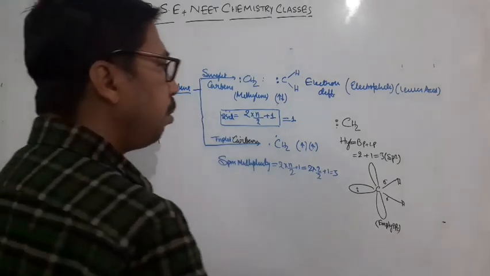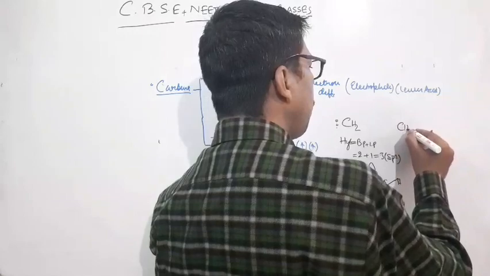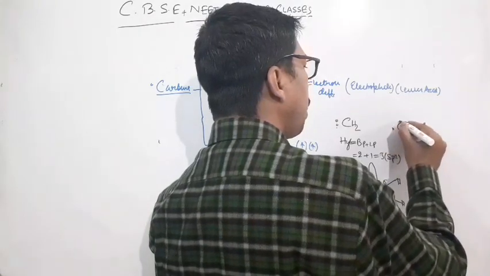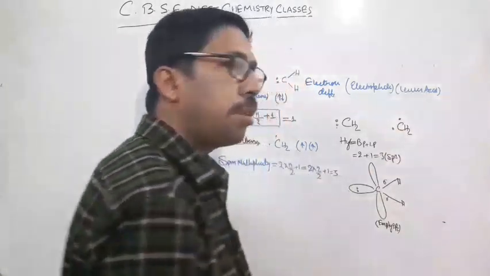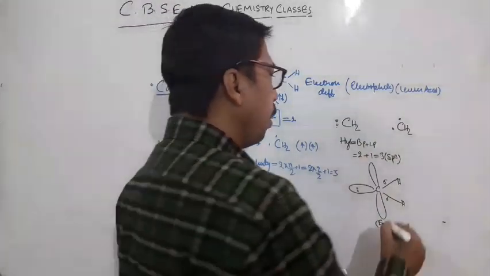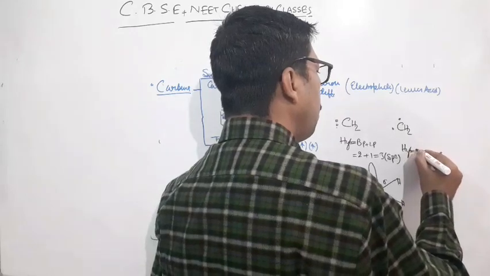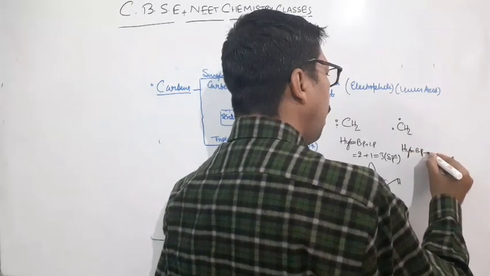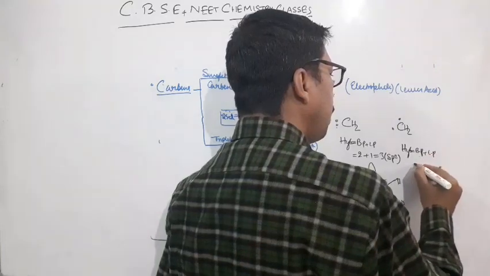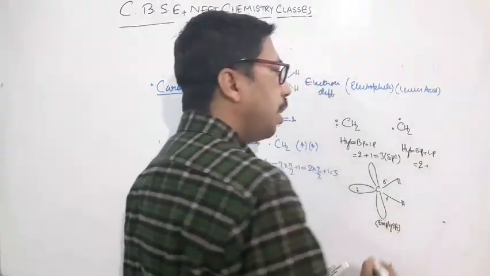Similarly, if you want to find out the structure of triplet carbene, whose multiplicity is 3, you can represent like this. And again, the hybridization, bond pair plus lone pair. How many bonds are there? 2 bonds. And there is no lone pair.